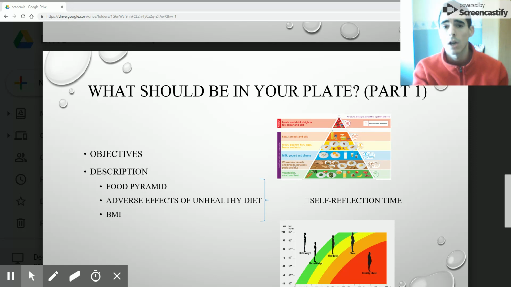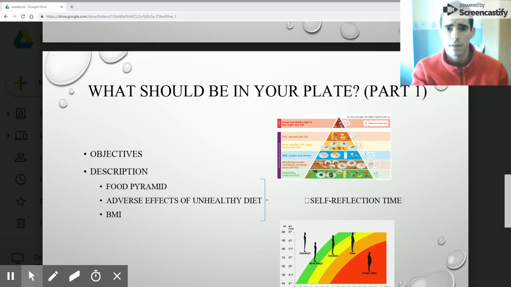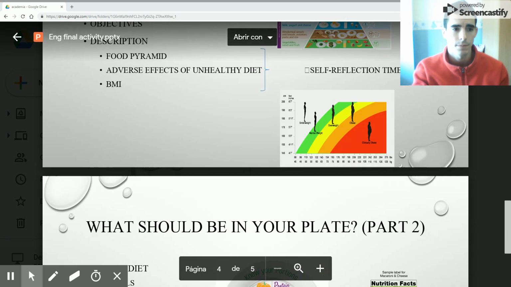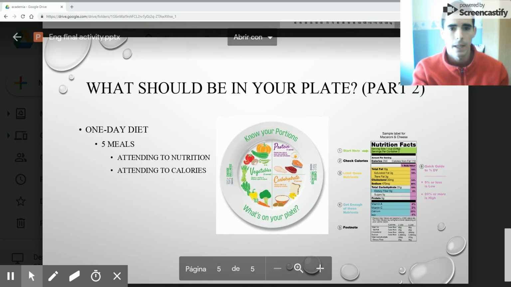For pleasure or necessity? Are our eating habits good? Do we need changes? And to end the session, after this reflection time, students must prepare the final task, which is to perform a one-day diet. This is the second part of the activity.